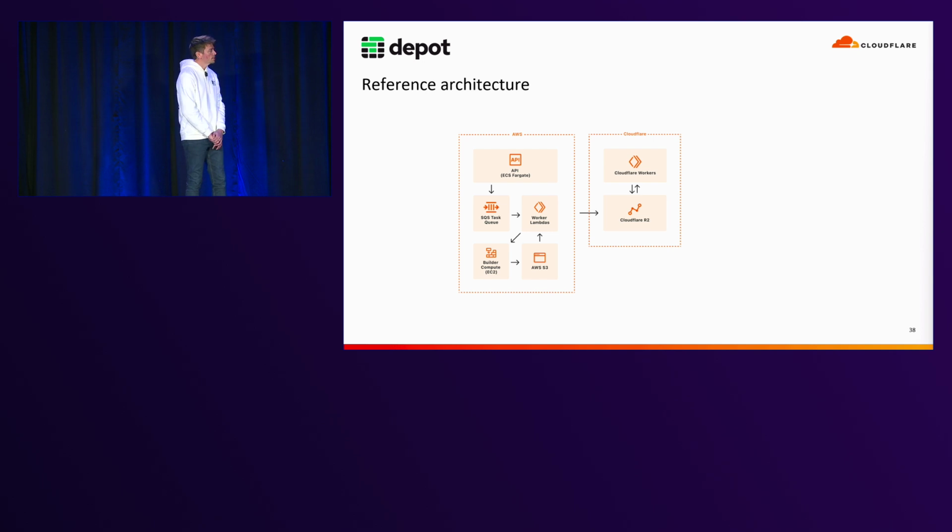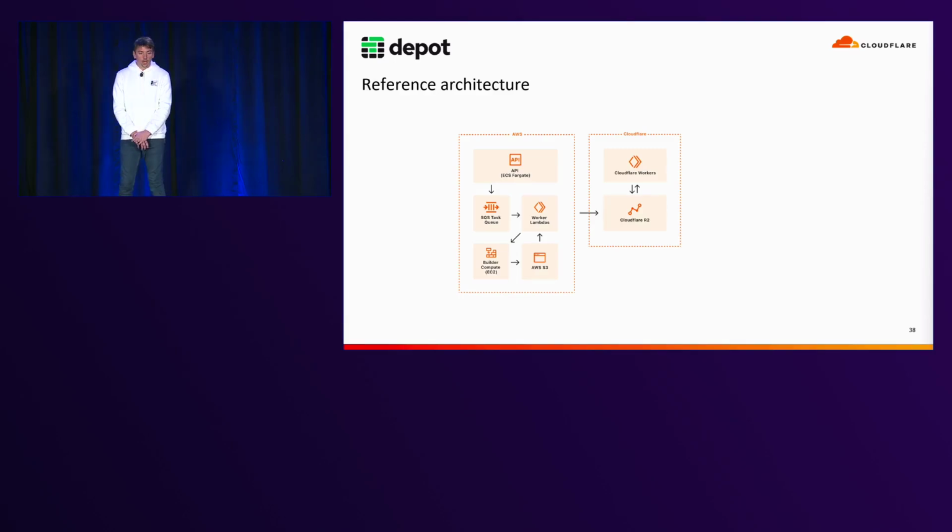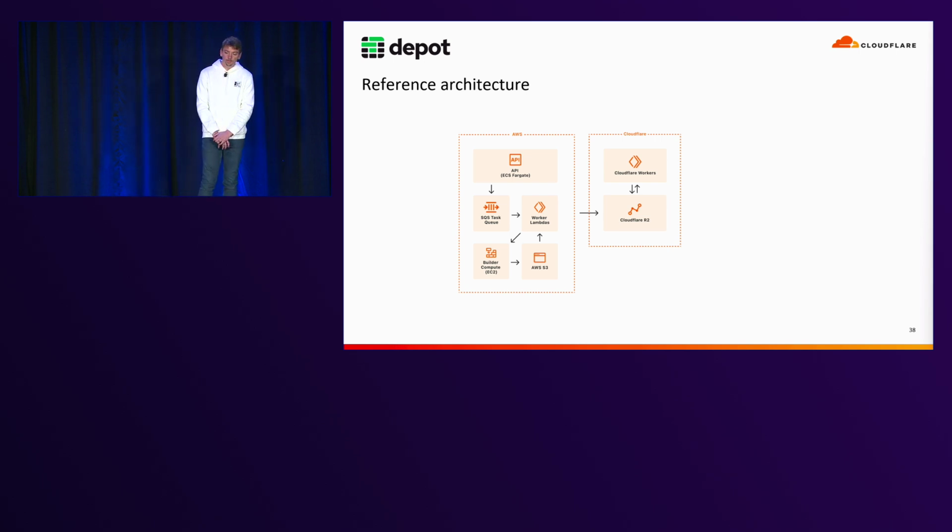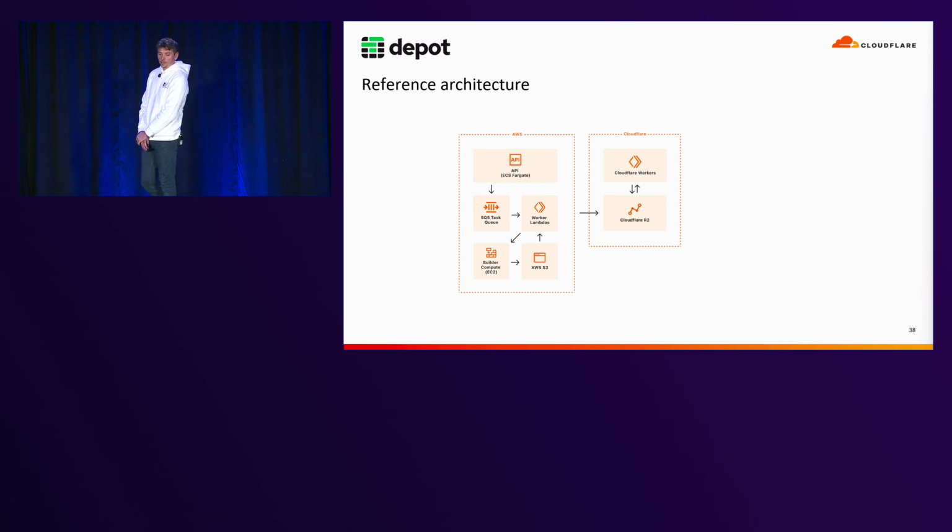On those machines is a process running that is effectively communicating with our orchestration system. That process is told what to run on the machine, whether it's a GitHub Actions job or a container image build, whatever it might be. On the right-hand side is where we have our serverless components inside of Cloudflare.